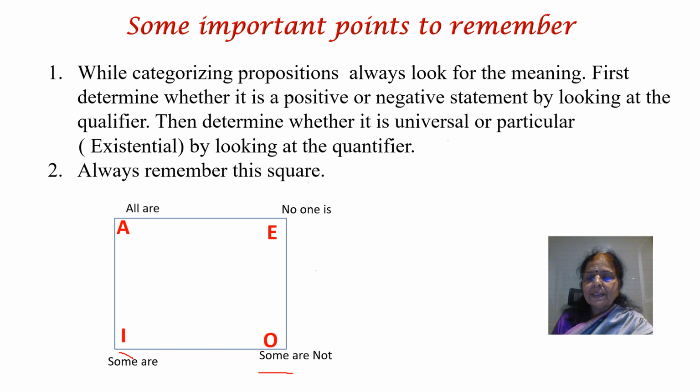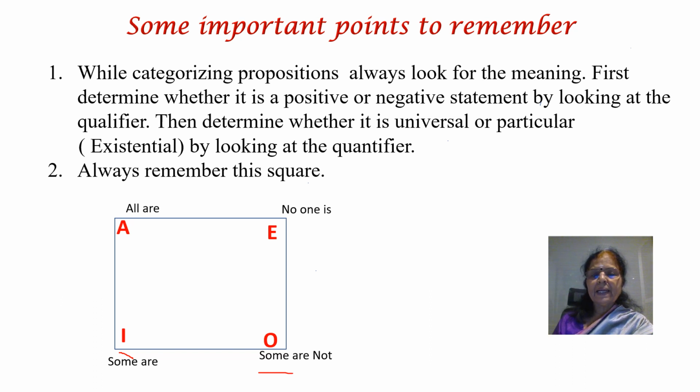While categorizing the statements into A type, E type, I type, always look for the meaning, because in the last slide I showed, it was very clear cut, which is A: all, always, all are, each and every. So that is universal positive, that is very clear. But a few are a little bit confusing, don't get confused.